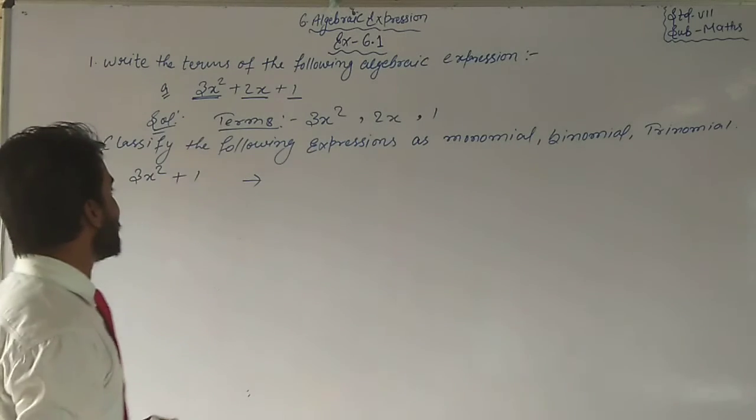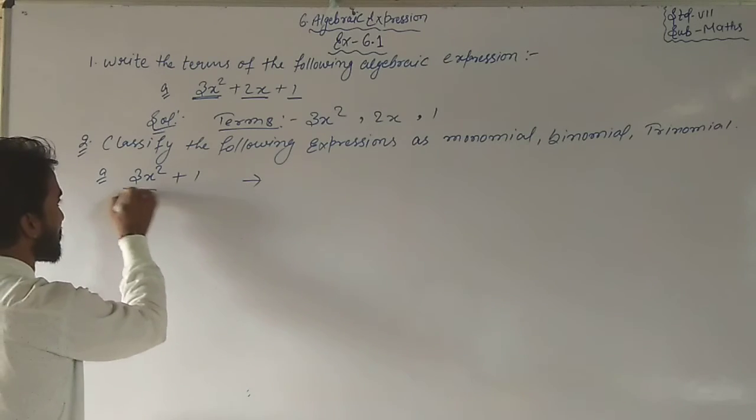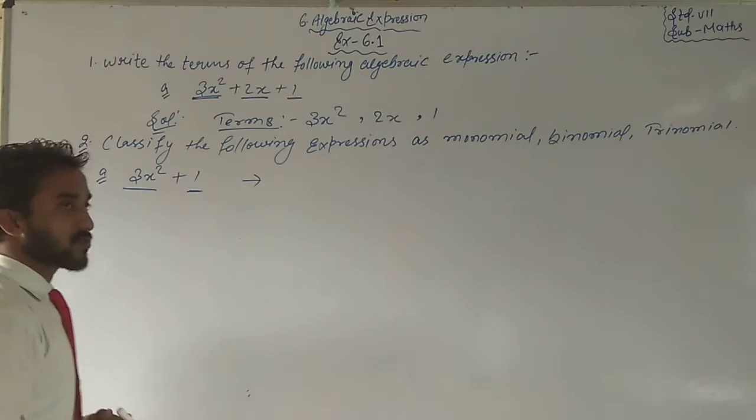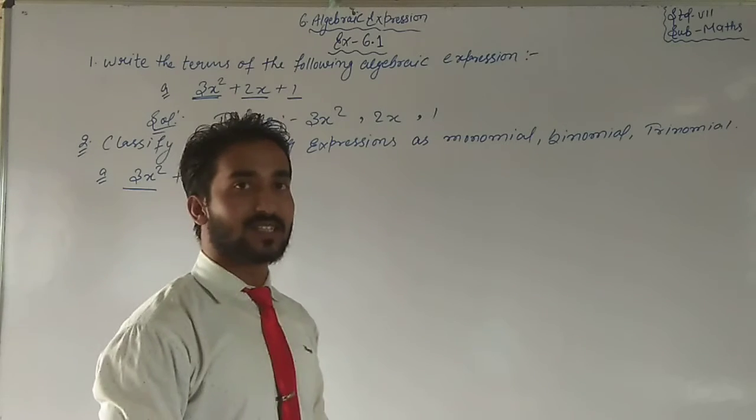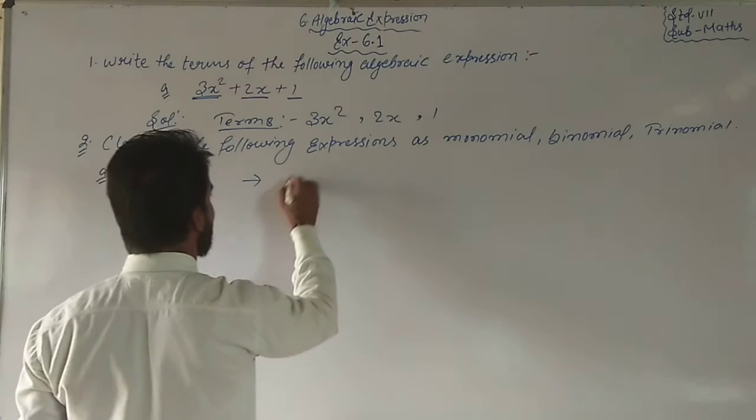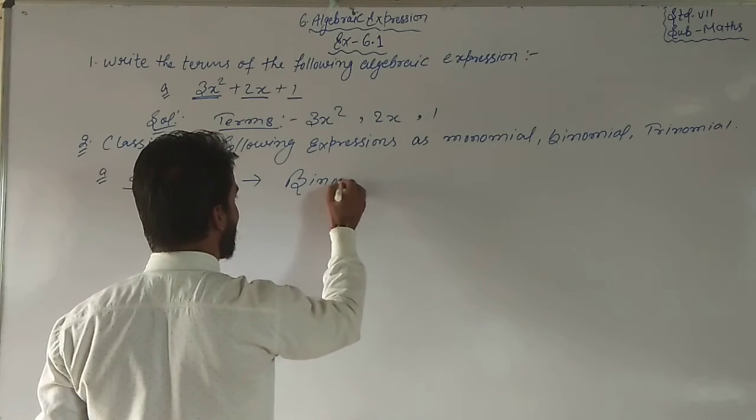In such a way we can see how many terms are there. 3x square or 1: there are 2 terms. Two-term expressions are known as, anybody have an answer? Exactly, binomial.